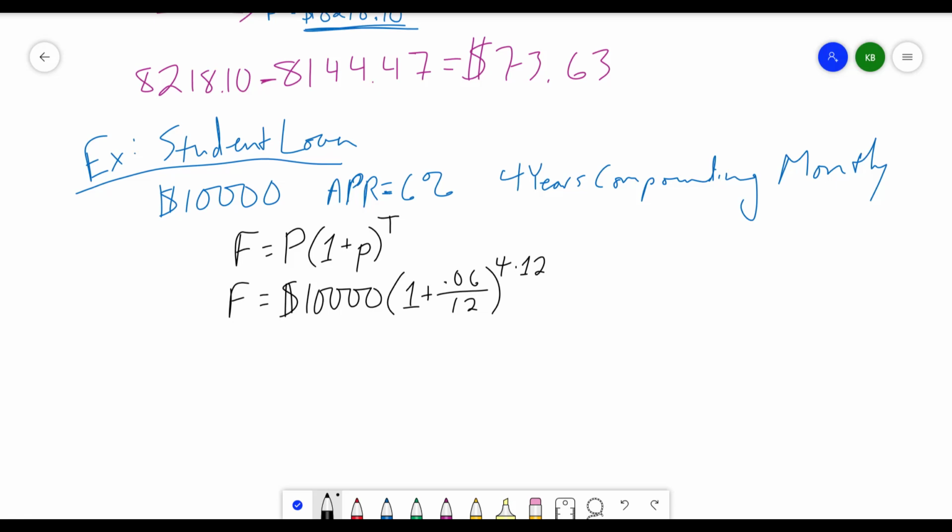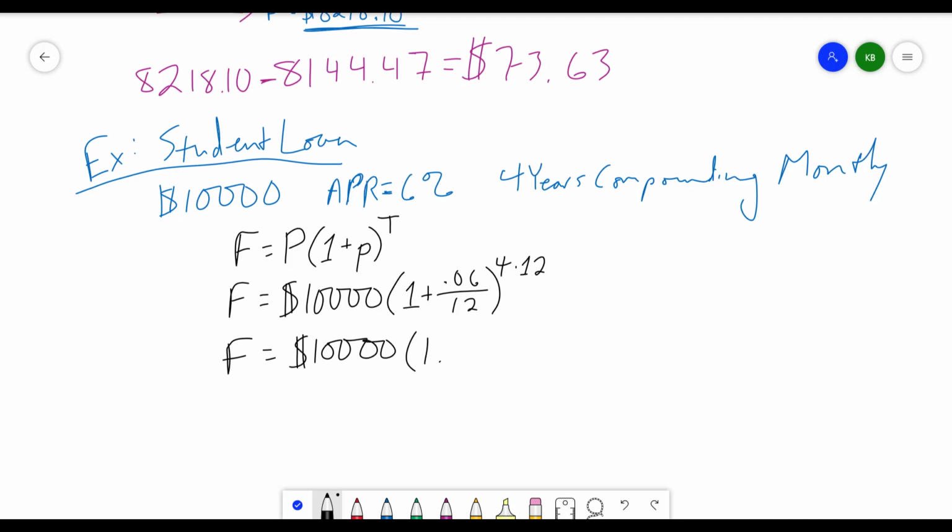So the future value of this loan, let's simplify some stuff down, is going to be our $10,000 times, 0.06 divided by 12 is 0.005.